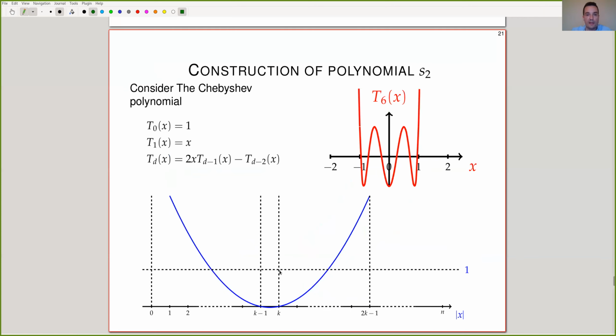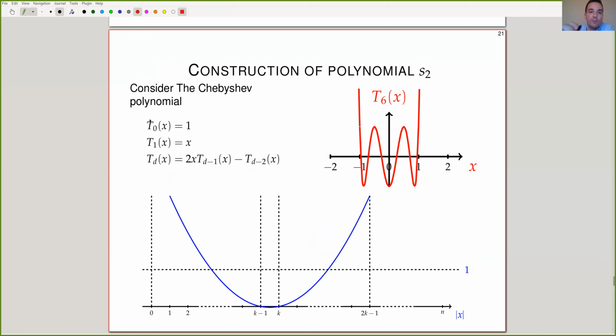How to construct polynomial S2 of x, and this construction is based on the Chebyshev polynomial. Just to remind, the Chebyshev polynomial is defined recursively in this way: 2x times the Chebyshev polynomial of degree minus 1, minus the Chebyshev polynomial of degree minus 2, with these boundary conditions.